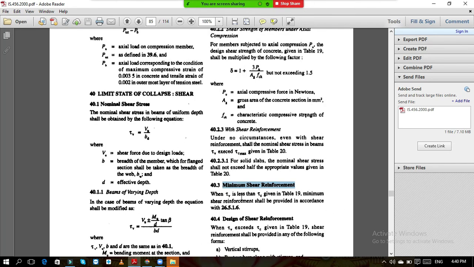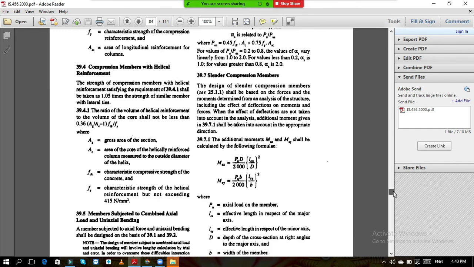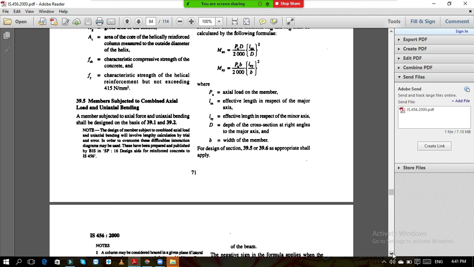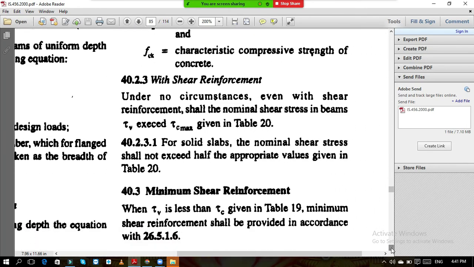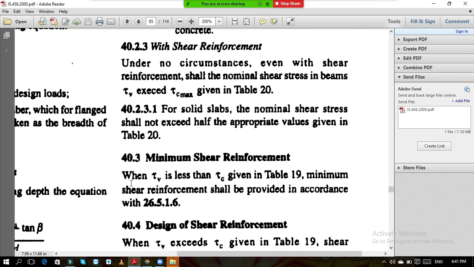Now if I zoom this so that it will be easier for us to read. When tau v is less than tau c given in table number 19, the minimum shear reinforcement shall be provided in accordance with 26.5.1.6. Okay, so we need to calculate the value of tau c, which is given in table number 19.